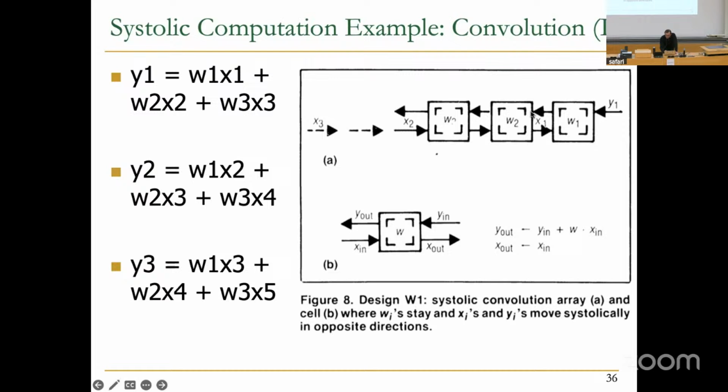And again, Y1 becomes X1 W1, which was coming before, plus X2 W2, right? And then next cycle, Y1 moves here, and then X3 moves here. So now, again, you hopefully got it, but basically, the multiply operation is W3 X3. You add to it whatever you computed as Y1 before, which is W1 X1 and W2 X2. So eventually, Y1 goes out here, computing this thing, okay?